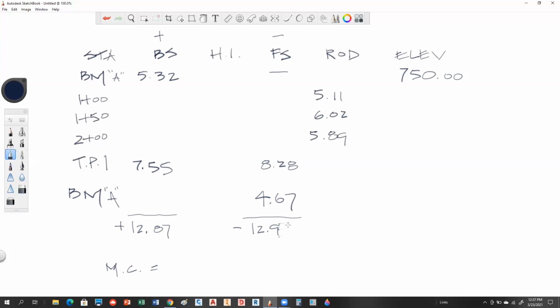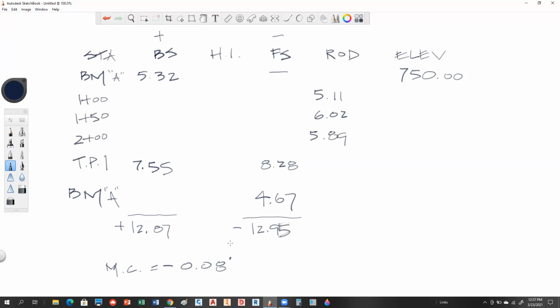So if we do that, what do we get for our misclosure? Minus 0.08. Minus, not a plus, minus 0.08 feet.